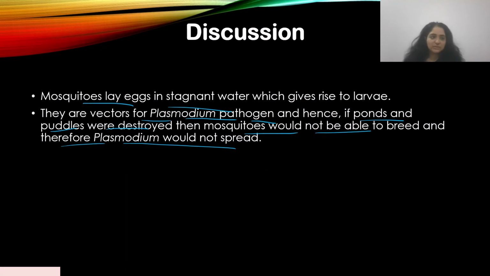Okay, so even in the life cycle, I have explained how there's a larvivorous fish which eats the larvae, and also another bacteria is used, which releases toxins that eventually kill those larvae. Okay, so in that way we curb or reduce the growth of these mosquitoes, which obviously behave like vectors for carrying the pathogen.